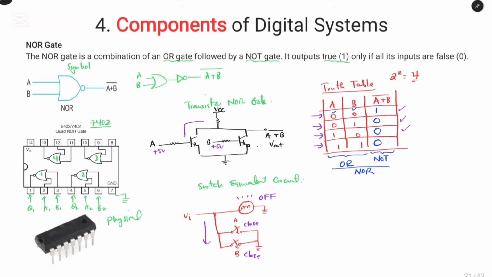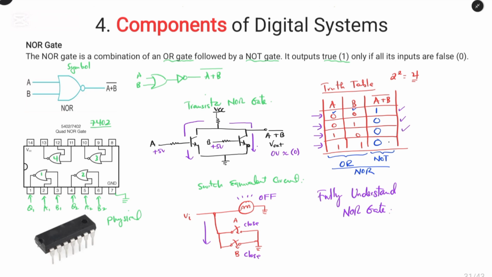Now the current will flow to the ground in this transistor and in this transistor. So the output will be 0 volts, which is equivalent to a binary state of 0. I believe with this simple explanation, you will be able to fully understand the NOR gate.